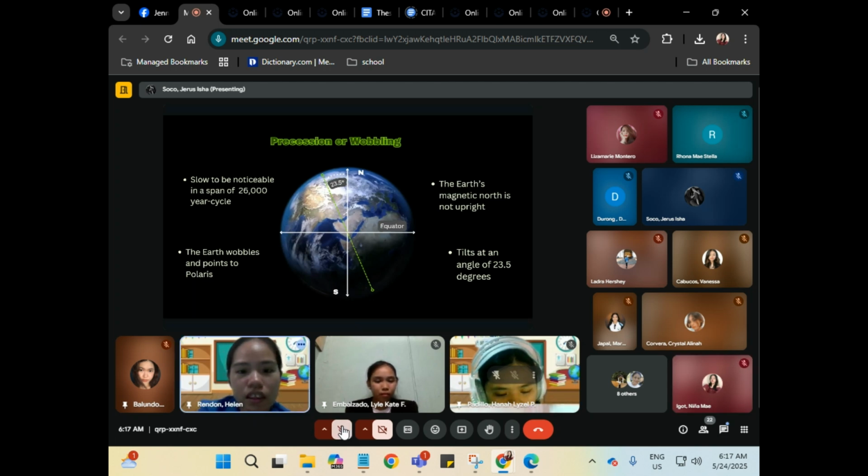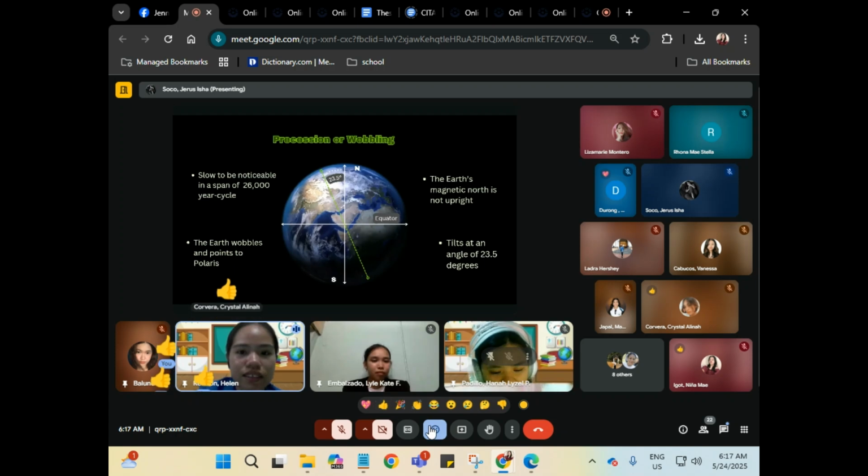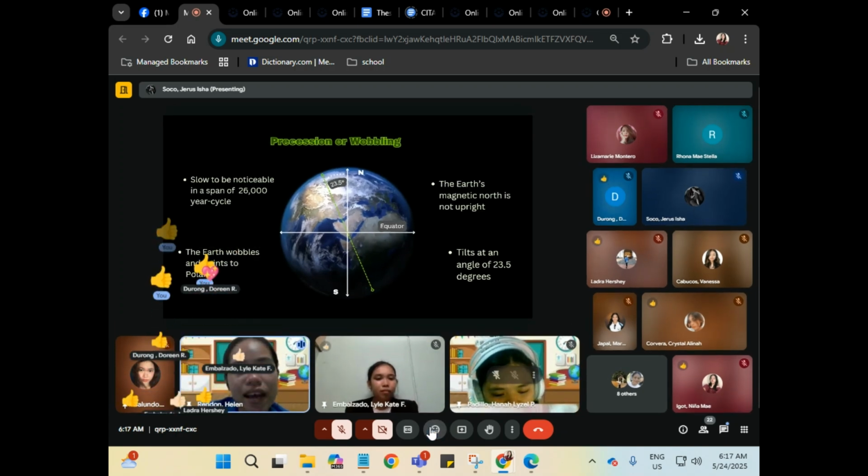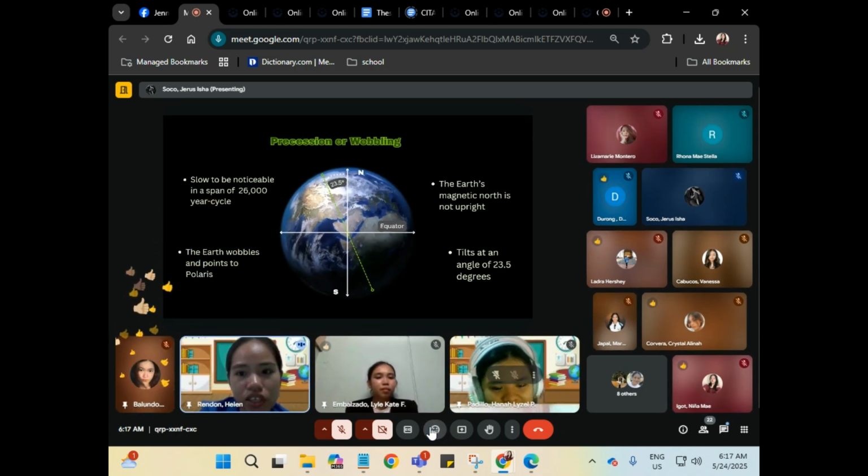Okay, so have you seen the white line at the center of the Earth? All right, so imagine a line passing through its center of mass. This imaginary line is called the axis, and our planet spins around on this invisible line, just like a top, the one that I've shown you in our activity.